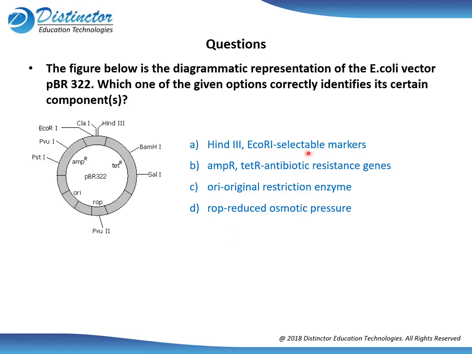Which one is correctly named? It is B, because ampicillin and tetracycline only act as antibiotic resistance genes. HindIII and EcoRI are restriction enzymes. ORI means origin of replication. ROP, we haven't studied this so far.